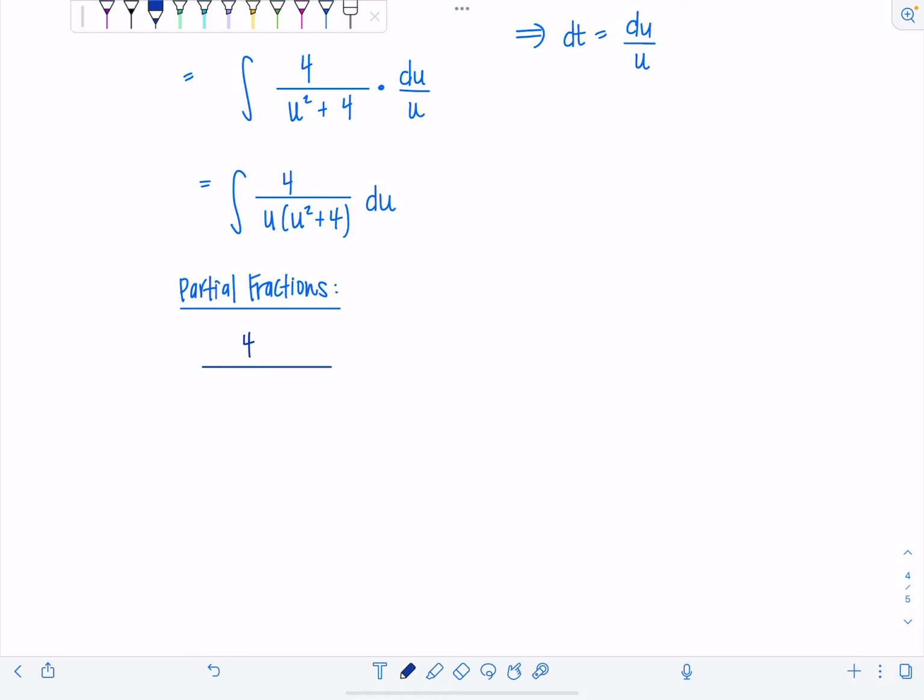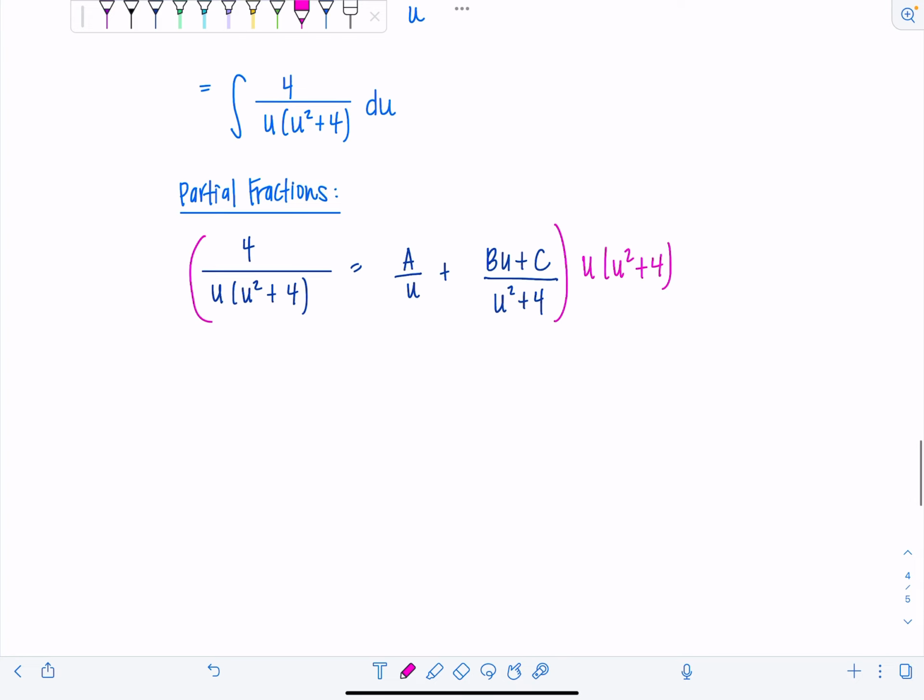So we've got 4 over u times u squared plus 4. That's going to equal a over u plus bu plus c over u squared plus 4, right? Good. I'm going to go through this quickly because I'm assuming you already worked through this and you're just checking your work. So we're going to multiply by u and u squared plus 4.